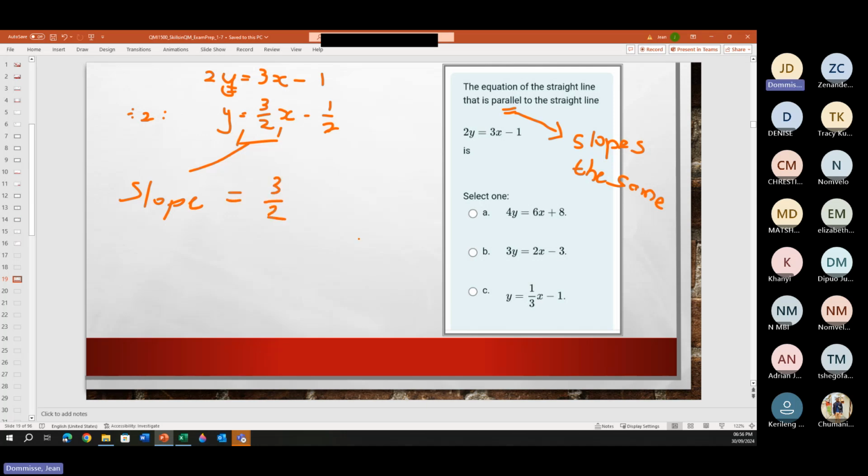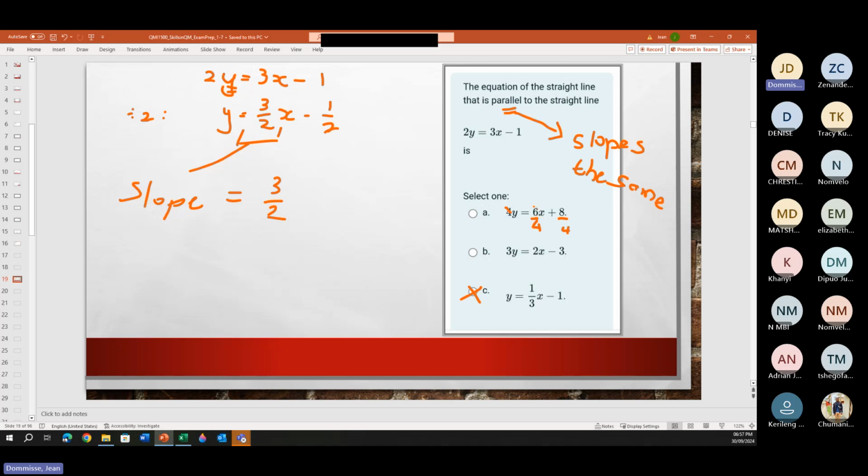Okay, so now I look at these options. Slope 3 over 2, so it's definitely not C because that's 1 over 3. Okay, now I need to work this out. So divide by 4. 6 over 4.